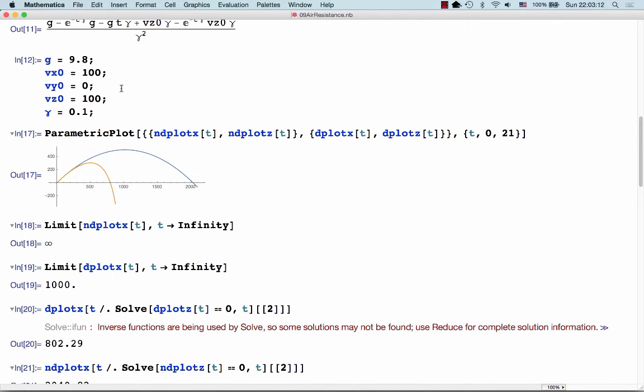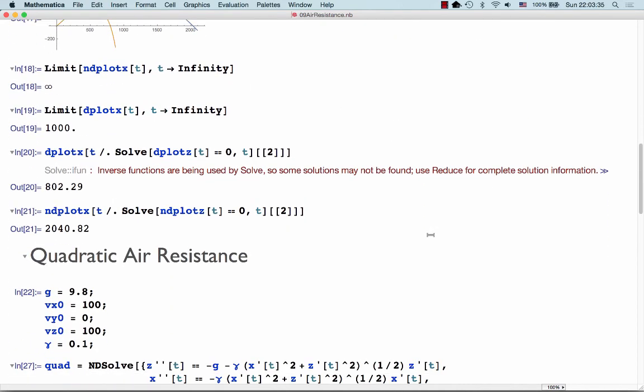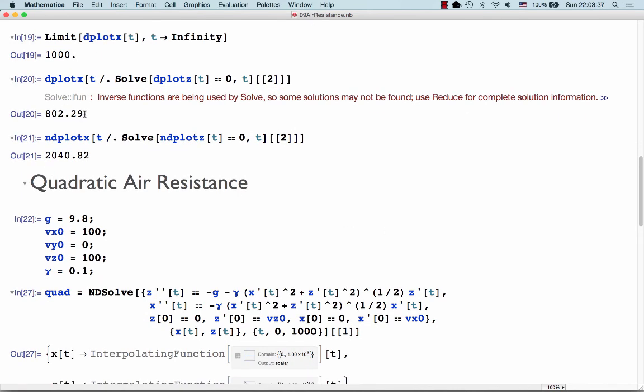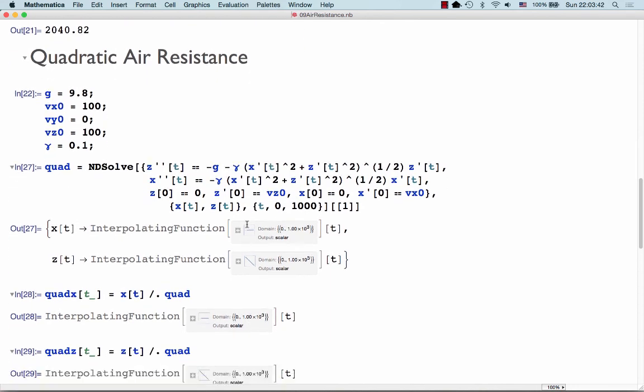For launching something at 141 meters per second at the optimal 45-degree angle, we get that the object with no drag would fly over 2,000 meters, and with linear drag would go about 800 meters or so. All right. In fact, 802 and 2,040 meters if you really wanted to get fussy.